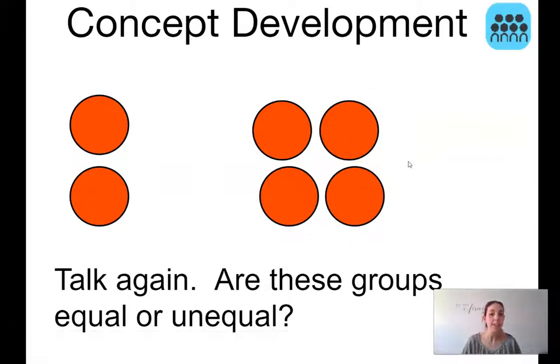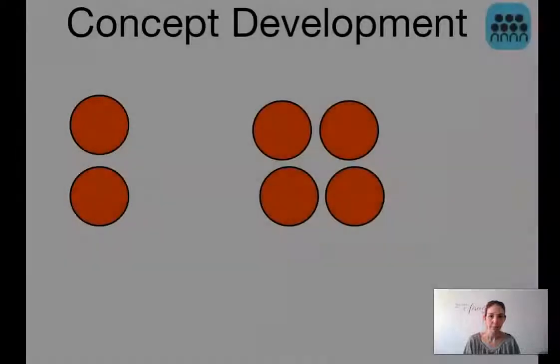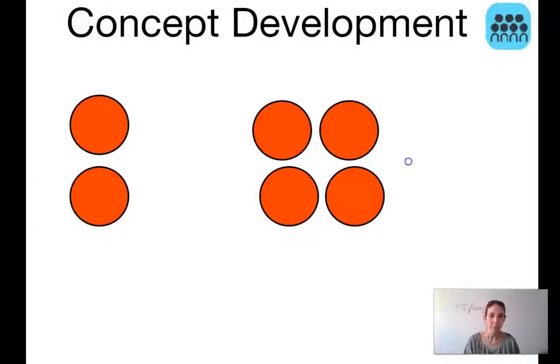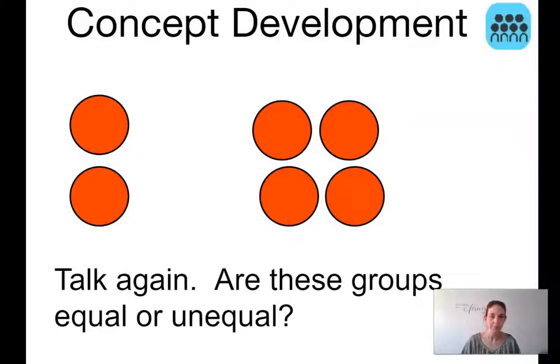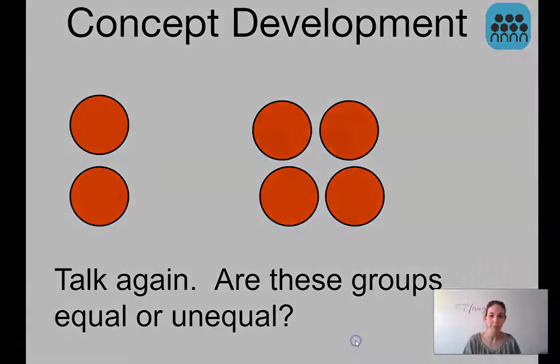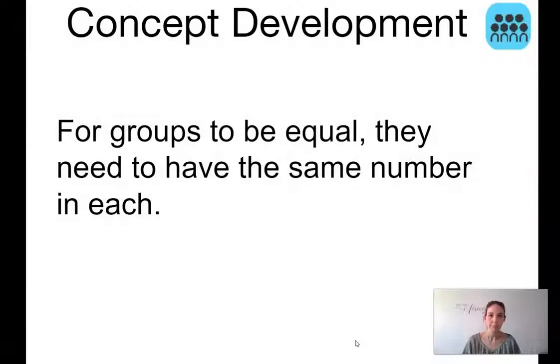These groups are unequal. What about this group? 2, 4. They are unequal. In order for the groups to be equal, they have to have the same number in each group.